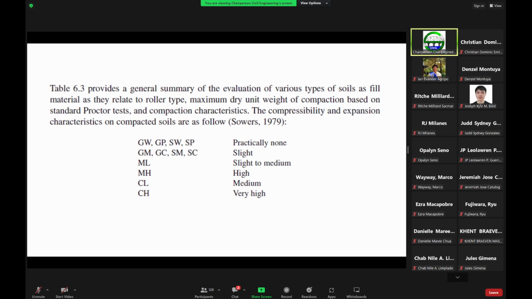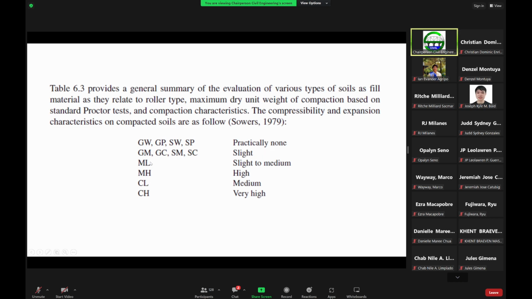For example, when you have well-graded gravels or poorly graded gravels, as well as well-graded sands and poorly graded sands, if you try to recall these USA symbols we had last meeting, the compressibility and expansion characteristics for this type of soils are practically none. But for the silty gravel, clayey gravel, silty sands, and clayey sands, you have a slight effect there.